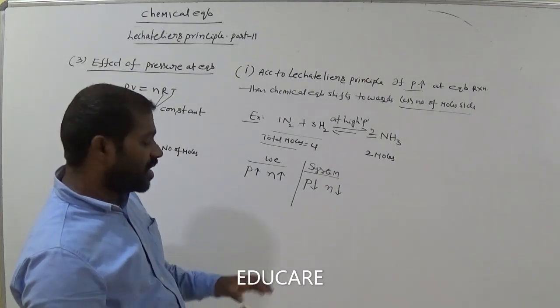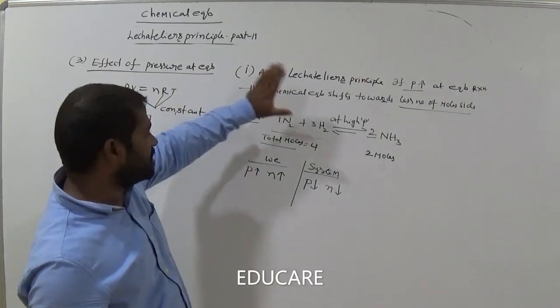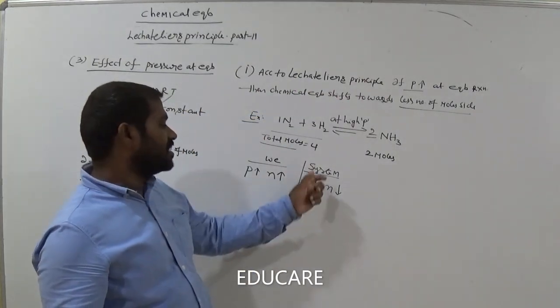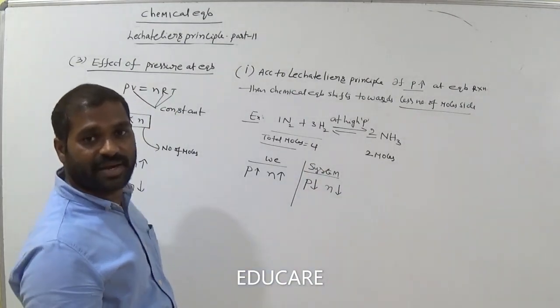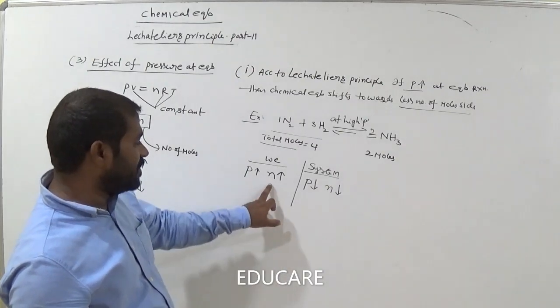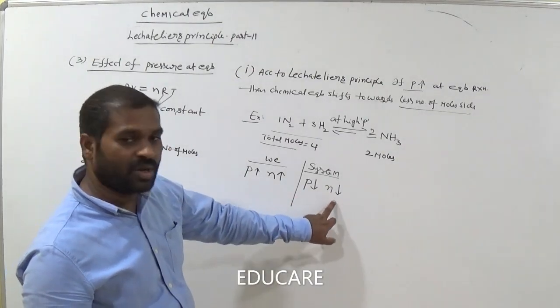So if we increase the pressure at equilibrium, the system tries to decrease the number of moles. That means it moves from the high number of moles side to the less number of moles side.